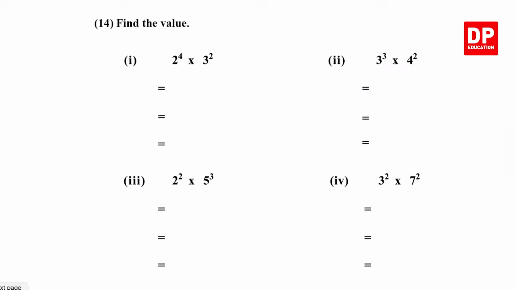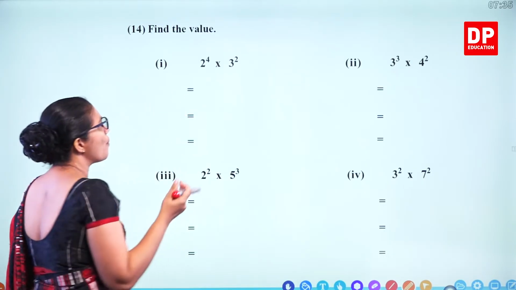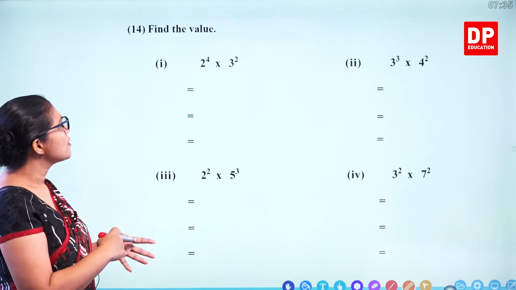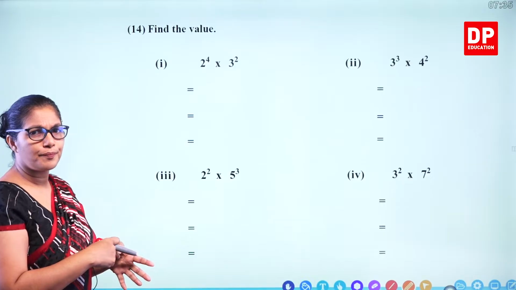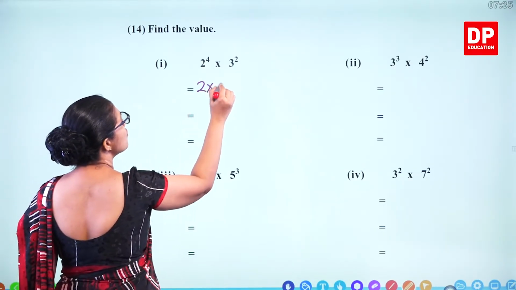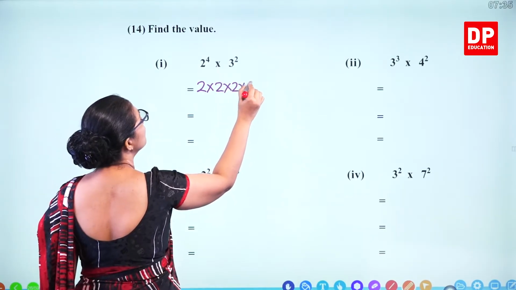Find the value. So, when you are asked to find the value, you have to do each separately and multiply. 2 to the power of 4. Now, without expanding, can you tell me what's 2 to the power of 4? That's 16. 2 times 2 times 2 times 2.